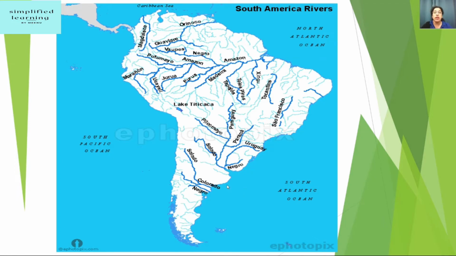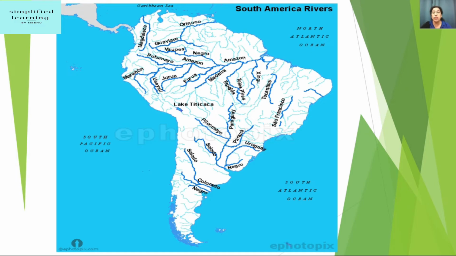Then we have the La Plata River System. The La Plata River System is formed by the Paraguay, Paraná and Uruguay. Clear? These rivers flow southwards and drain into the South Atlantic Ocean in a wide estuary in Argentina, which provides an excellent harbor.